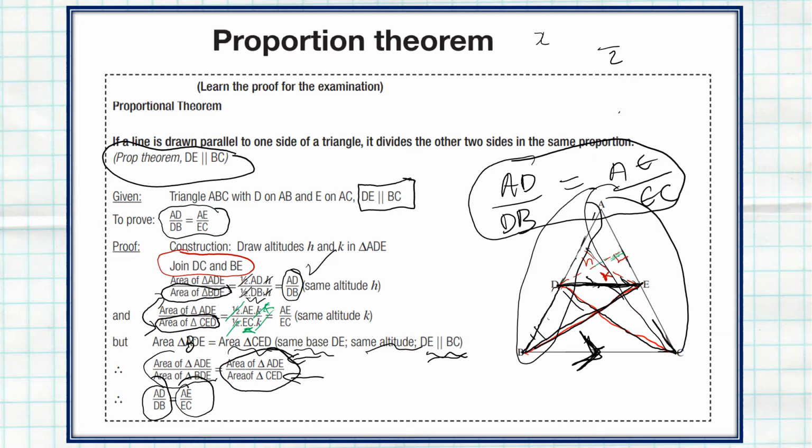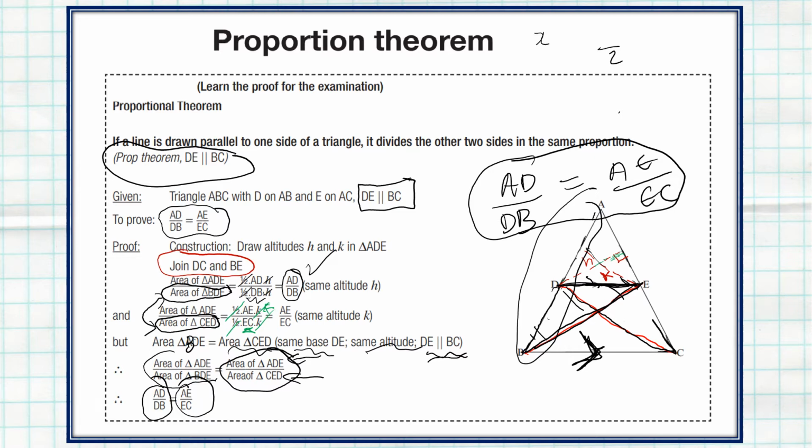You first construct the altitude in the smaller triangle. After constructing the altitude on that one that looks like a trapezium or something, you then join the lines there. Then after joining, you can now calculate the areas of those corresponding triangles and you get their ratios.